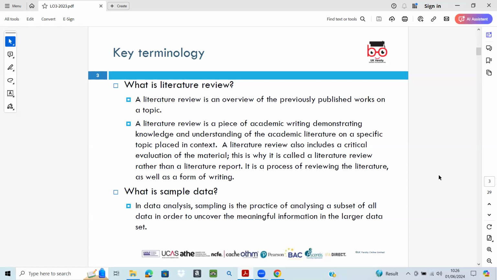Then we have sample data. Its definition is, in data analysis, sampling is the practice of analyzing a subset of all data to uncover meaningful information that can be generalized to the larger data set.